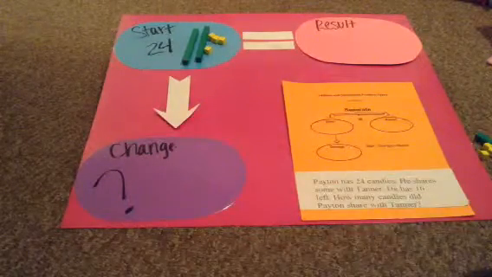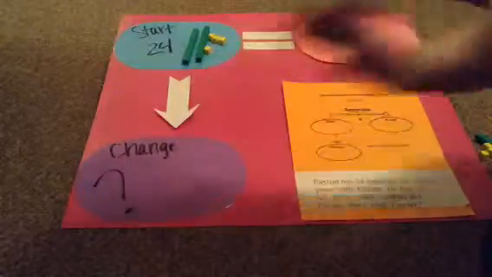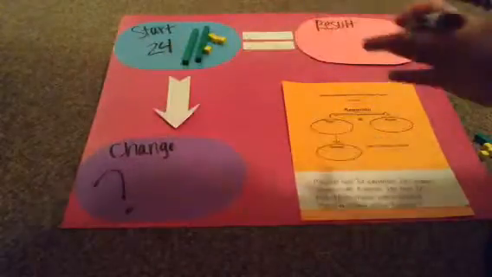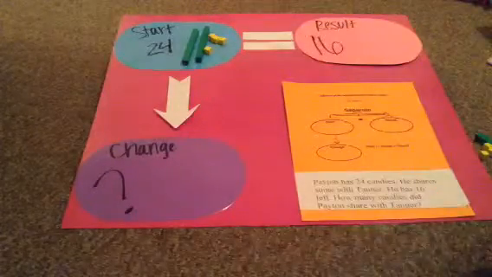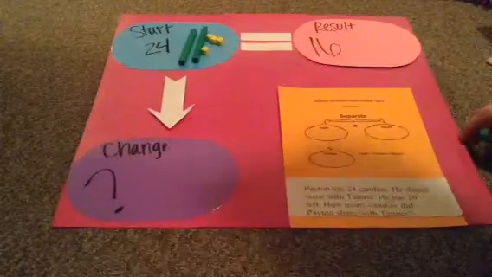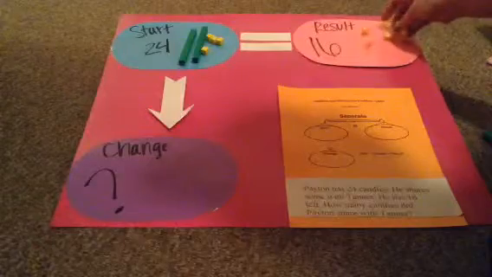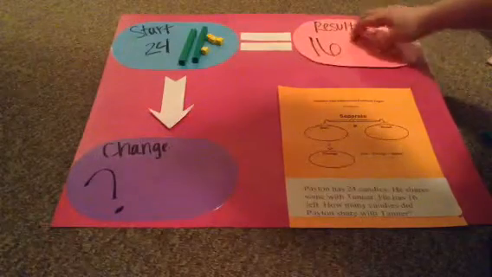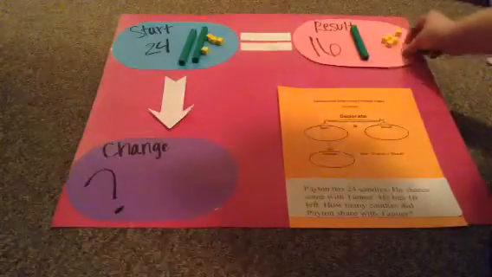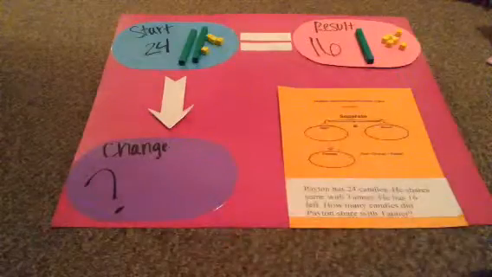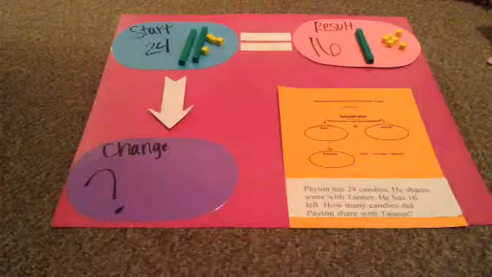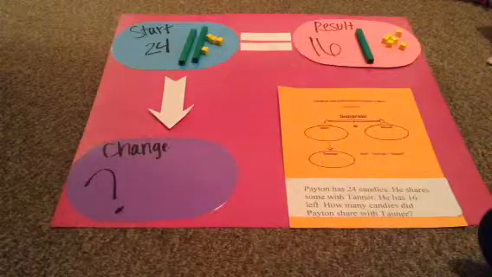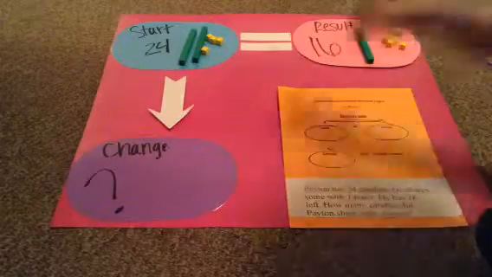So after Peyton shared some of his 24 with Tanner, he ended up having 16 more. So let's show that with our base 10 blocks. We have 6 ones, 1, 2, 3, 4, 5, 6, and 1 ten. Okay? So now we know that we have 24 starting out with and 16 in the end.